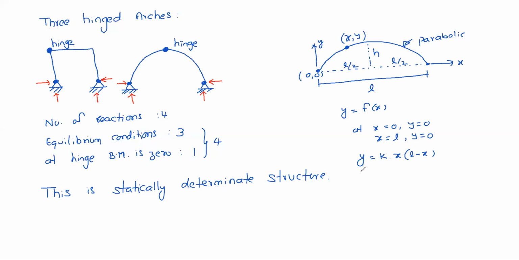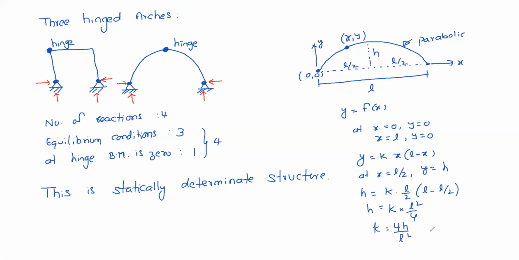So what is the value of K? We have one boundary condition. At X equal to L by 2, we have Y equal to H. If you substitute that, H equals K into L by 2 into (L minus L by 2). That is K into L by 2 into L by 2, that is L square by 4. So K equals 4H by L square.